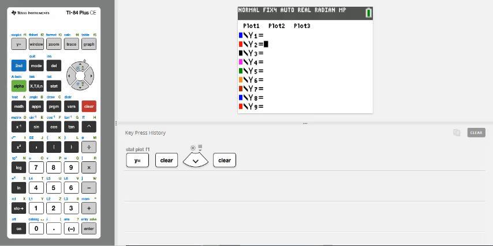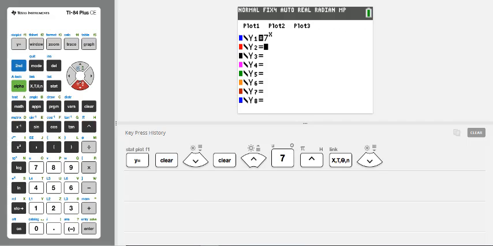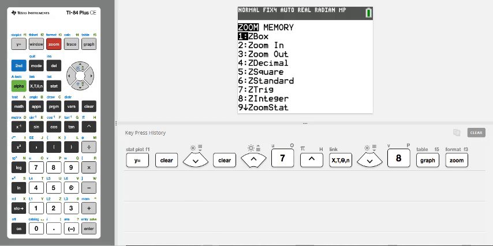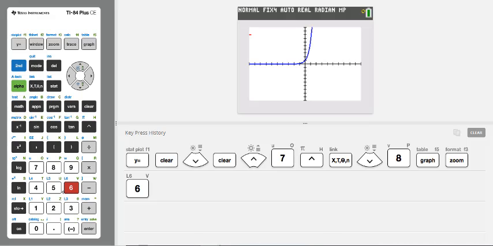Clear, okay. So type the first one in, 7 raised to the x, and then 8, okay? So I've got the left side of the equation in y1, right side in y2. And I'm just going to hit graph because I don't know what my limits are. And I'm going to hit zoom 6, okay?